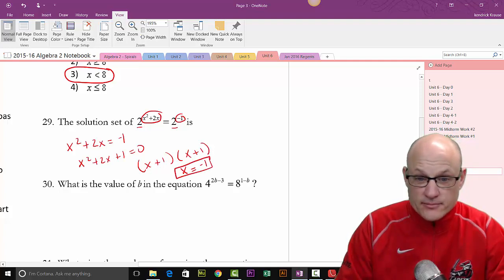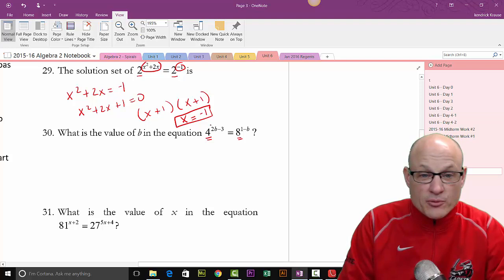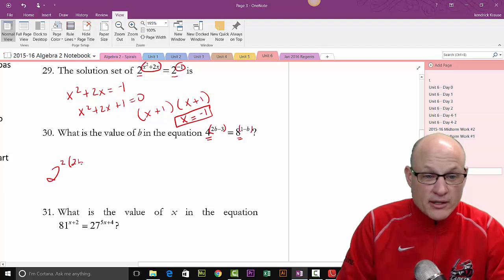There it is, done. My bases are not the same, and we need to make them the same. First thing we're going to do is put parentheses around these, so we don't do anything dumb. So we get 2 squared, that's the 4, times 2b minus 3, is equal to 2 cubed times 1 minus b.